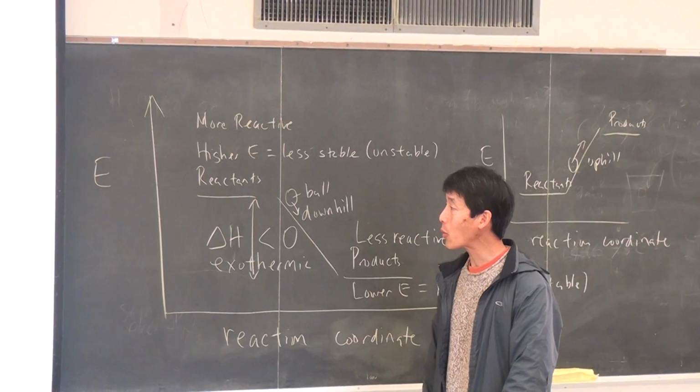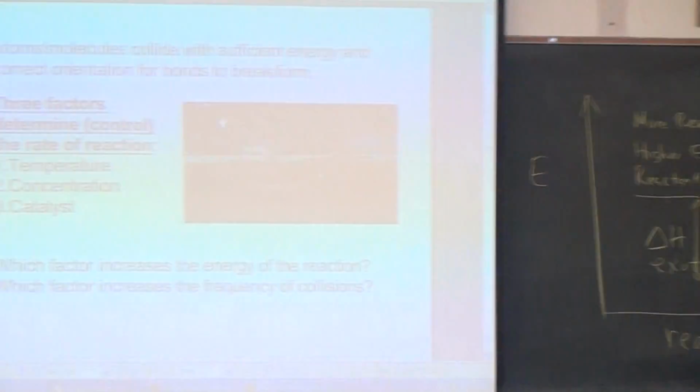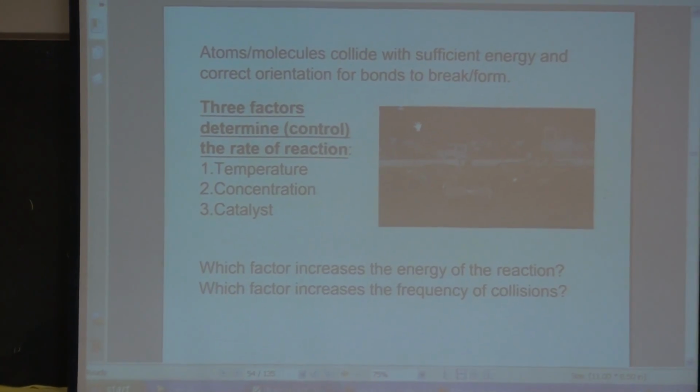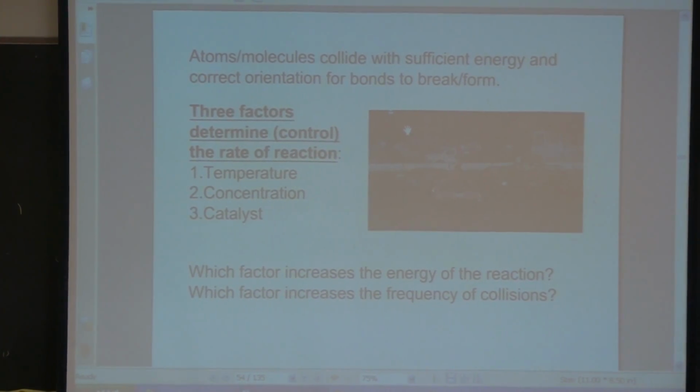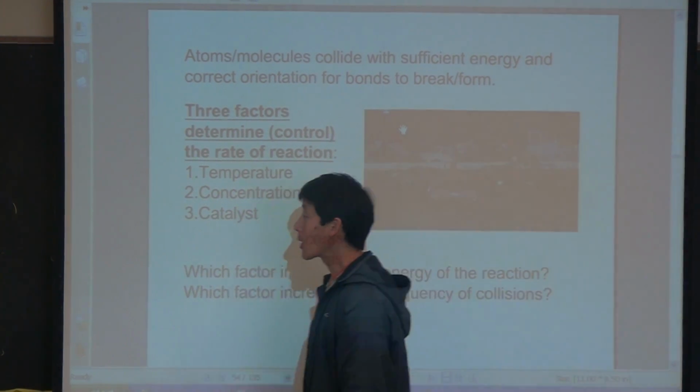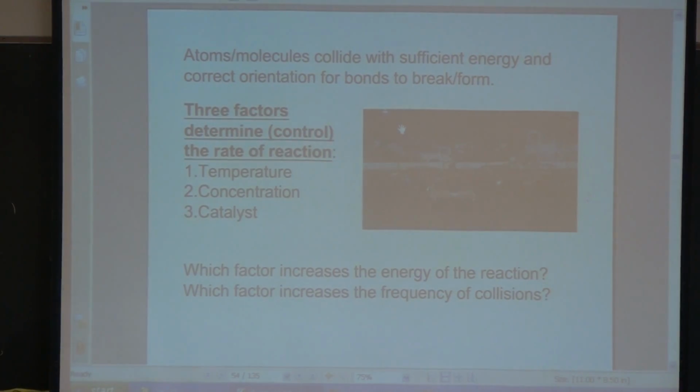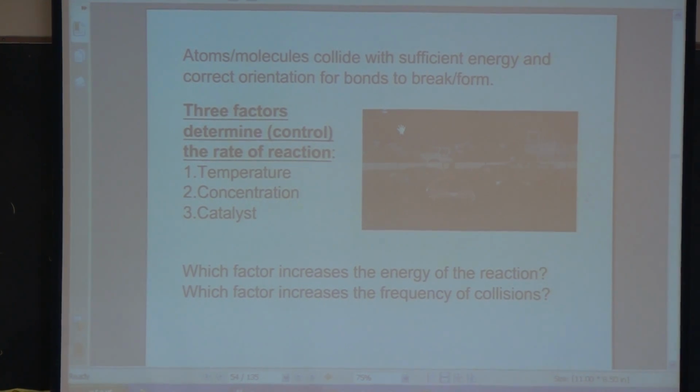Okay, so going back to the question, which of these 3 factors increases the energy of the reaction? So is it temperature or concentration or a catalyst? Okay, so who says that temperature increases the energy of reaction?